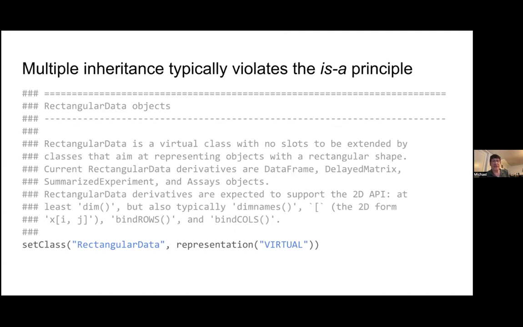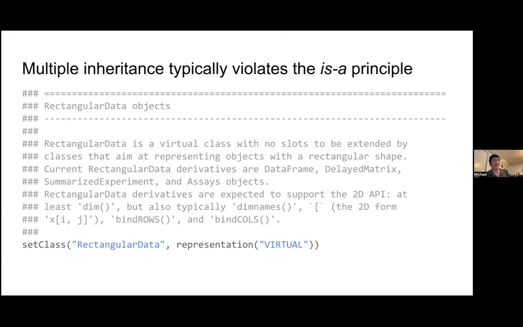Even in the way that sentence is written, you can tell that one of the rules of thumb for determining whether you should be using inheritance is whether it adheres to the is-a principle. In other words, is this object an instance of this parent object or class?